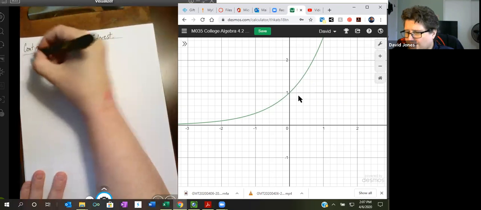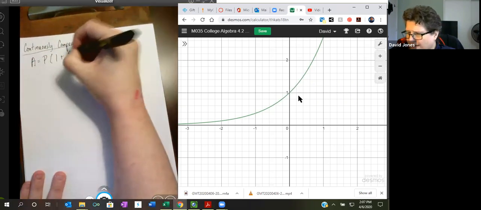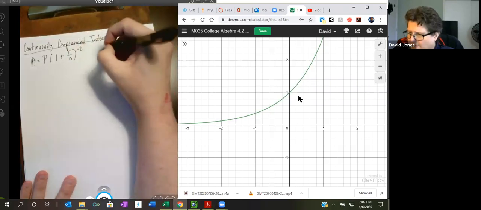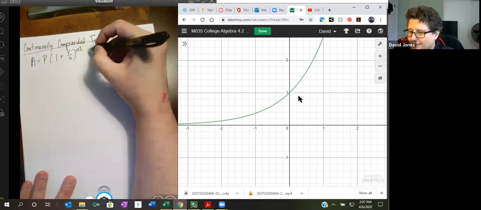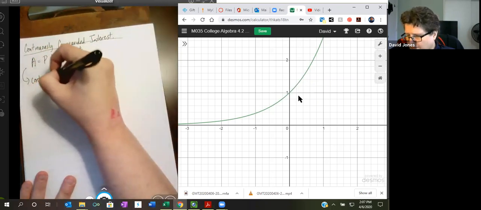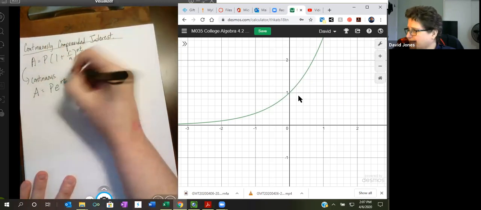Rather than A equals P times 1 plus R over N to the NT, which is for non-continuous, when it goes to continuous, it shifts to A equals P E to the RT.